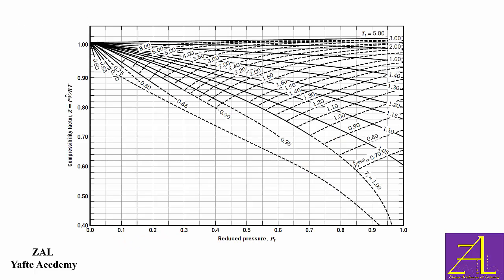Moreover, look at these numbers on these lines. The top one is TR of 5. So if I have TR equals T over Tc, and if this is 5, it means that the temperature I have is 5 Tc, which is a very high temperature.